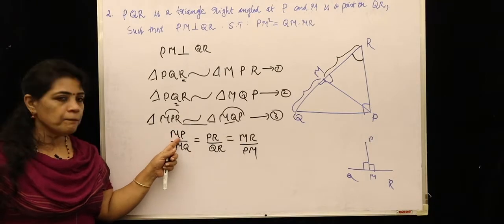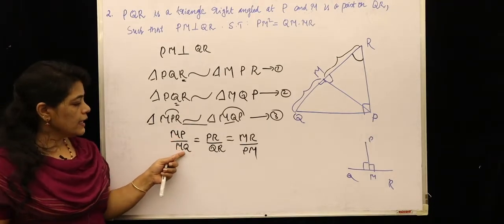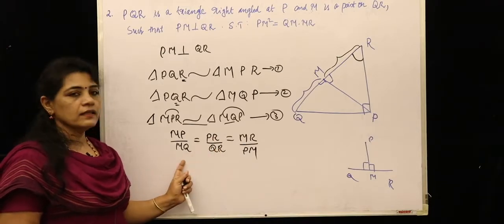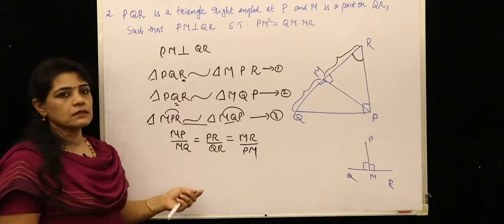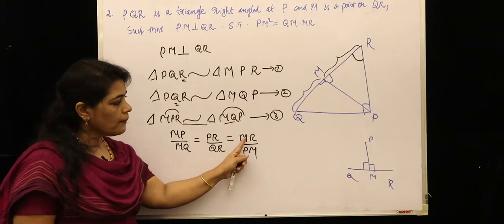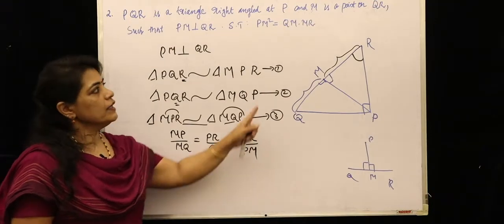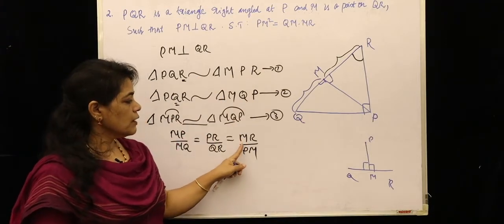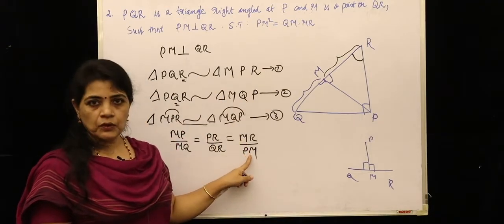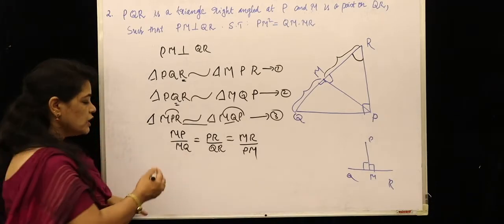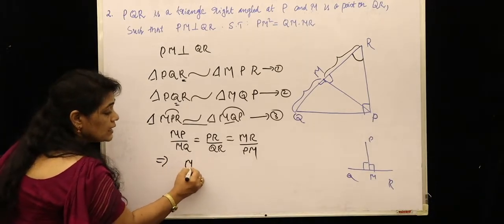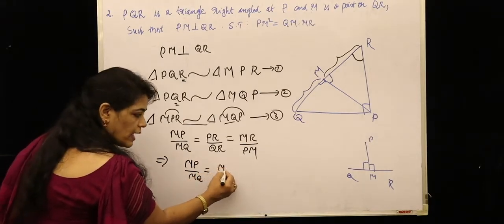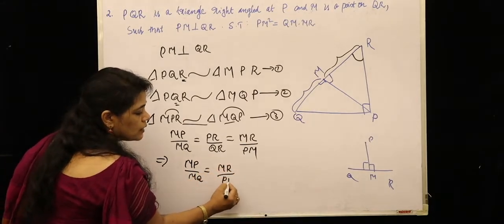MP is PM, that we know, MQ, and here PR by QR. If you take this ratio and this ratio, we can reach that answer. In the third ratio, we need MR and PM. So I am going to take this ratio with the first ratio. I am going to equate first and third: MP by MQ, we need MQ and also MR and PM square.